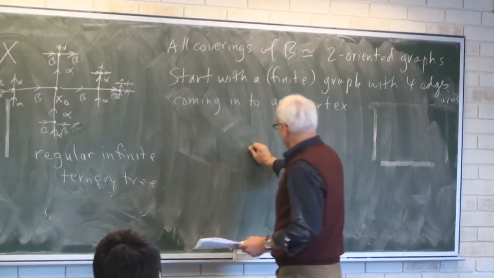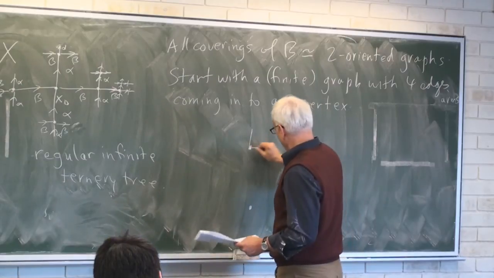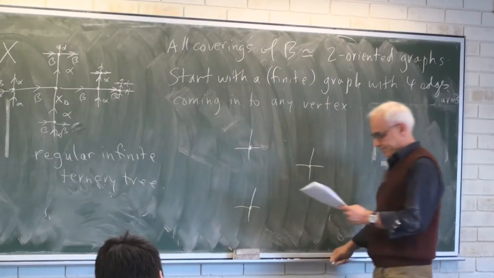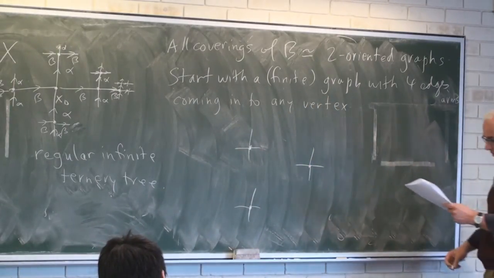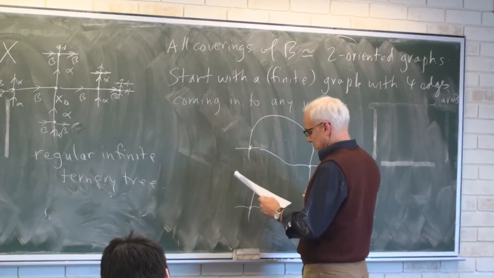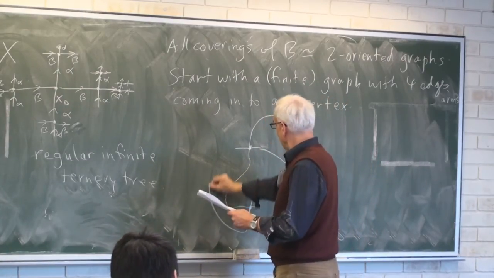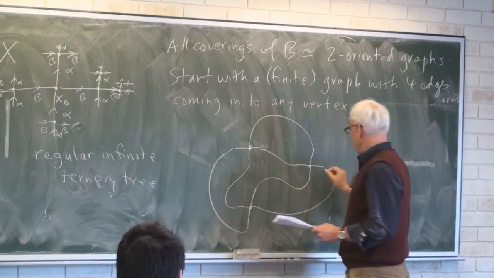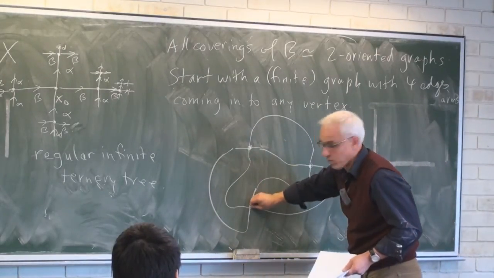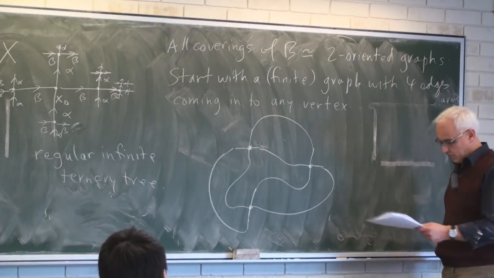So for example, suppose we have three vertices, and we have four arms coming into this one, four arms coming into this one, four arms coming into this one. And otherwise the graph can be rather arbitrary. So let's just randomly connect these things. Okay, so there's a graph, all of whose vertices are of degree 4.